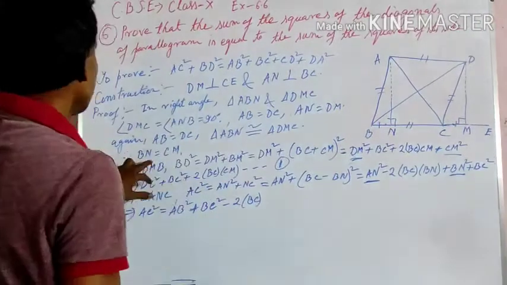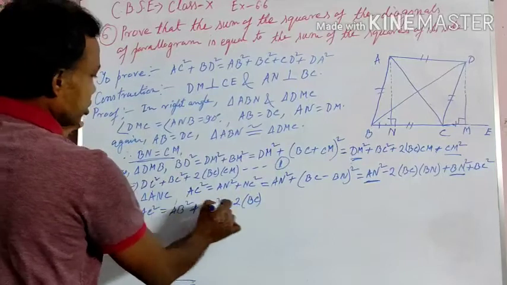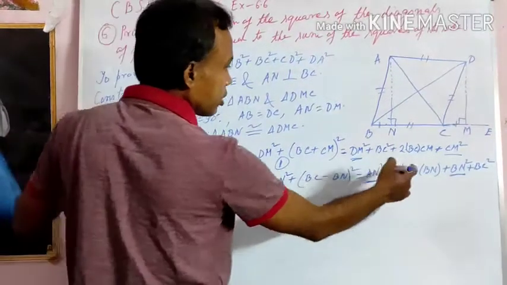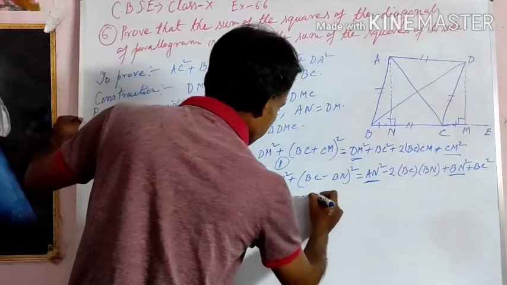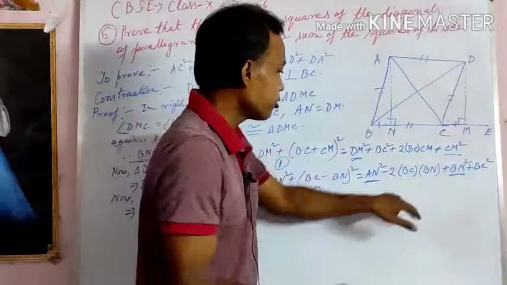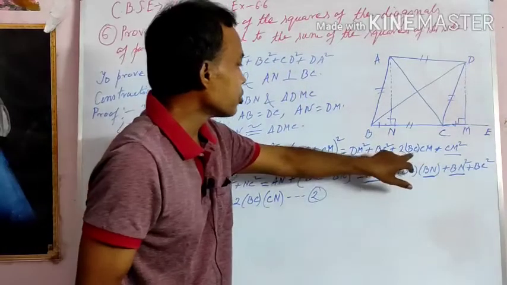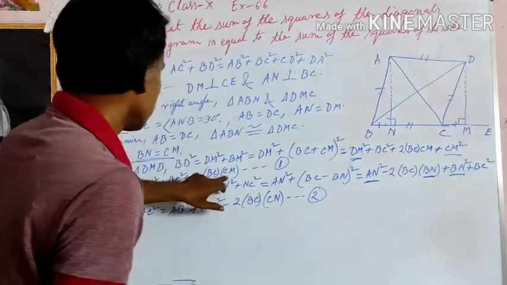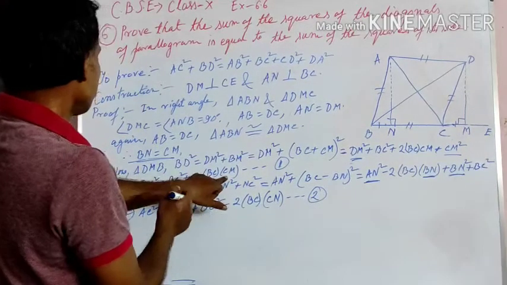BN is equal to CN. So in place of BN, we will write CN. Suppose this is equation 2. In place of BN, we will write CN. Here in the equation, in place of BM, CM.